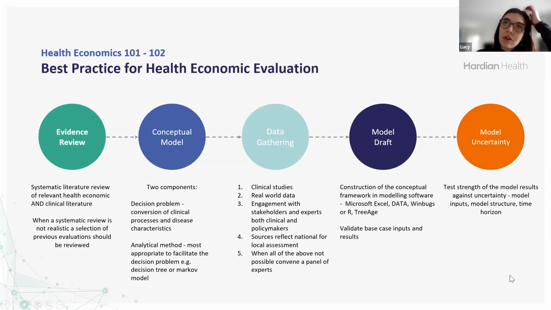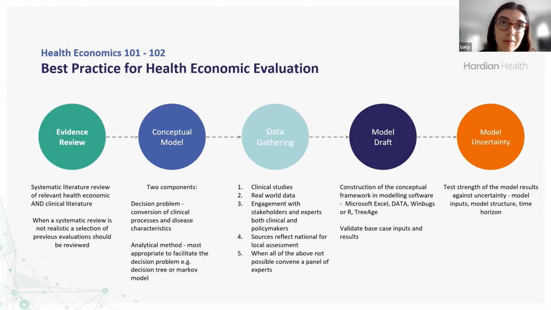So we've talked through the different types of models, results of these models and how they can be used. But just to summarize all of that, this is the process that we follow in terms of best practice when it comes to developing health economic evaluations. So at the start of a project, we always start with an evidence review.